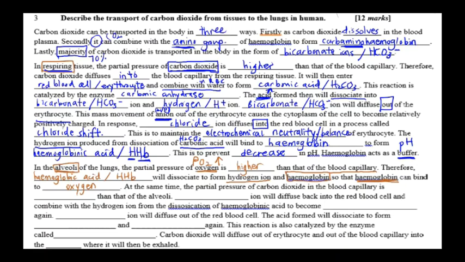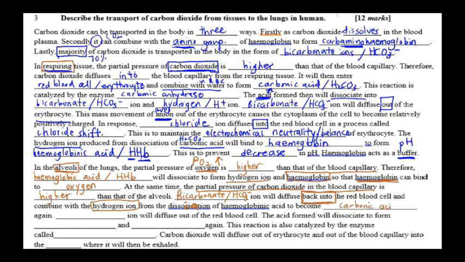At the same time, the partial pressure of carbon dioxide in the blood is higher than that of the alveoli. The bicarbonate ion, or we say the HCO3 minus ion, will diffuse back into the red blood cell and combine with the hydrogen ion from the dissociation of hemoglobinic acid to become carbonic acid.